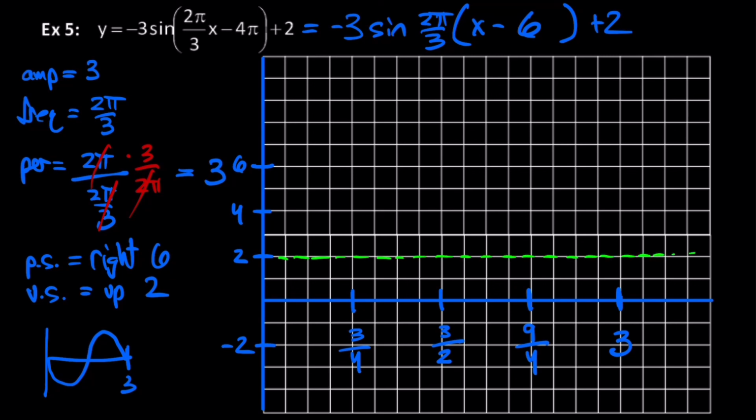Next, our phase shift. Right 6. Holy cow, right 6? I don't even see 6 on my x-axis. So let's think about it this way. That point right there needs to go right 6. Well, that goes beyond the period. So let's kind of work backwards. This whole thing is 3, and you've got to move that whole thing right 6.